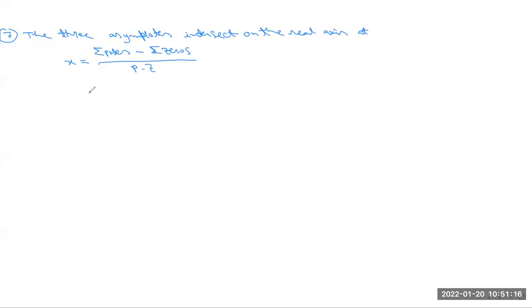So we know the values. In our problem the number of poles is 3, the number of zeros is 0. The poles present are 0, -1 and -3, so we have to sum these points. And the number of zeros is also 0, so pole is 3, zero is 0.